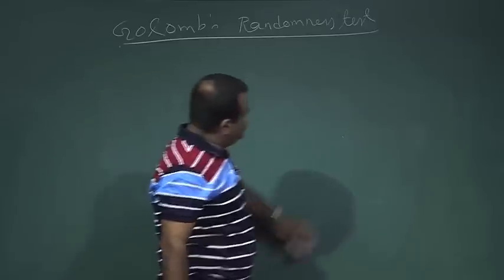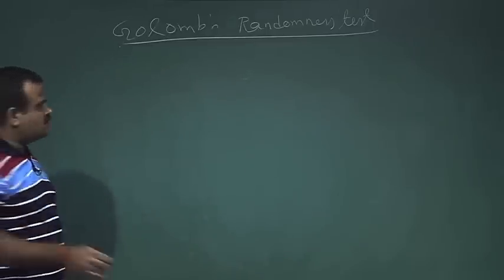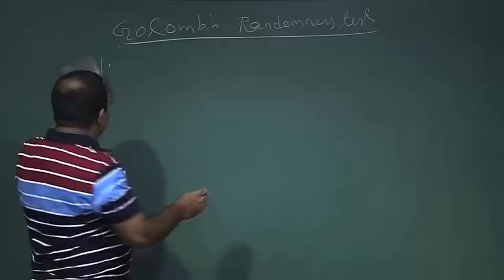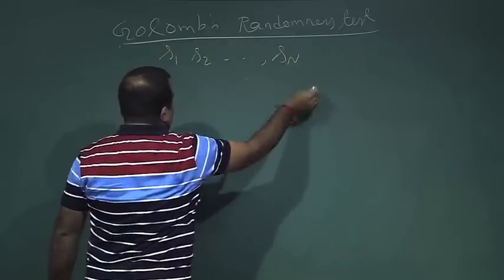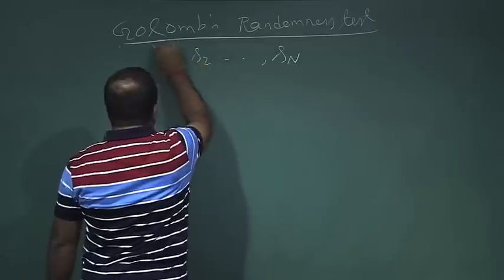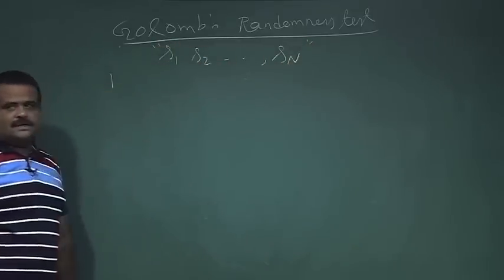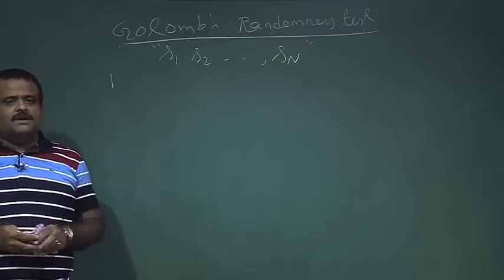Okay. So, what is it telling? It has three rules, 3 postulates. The first one: we take a sequence s1, s2, ..., sn, the period of a sequence, and we count the number of zeros and the number of ones, and they must be almost equal.